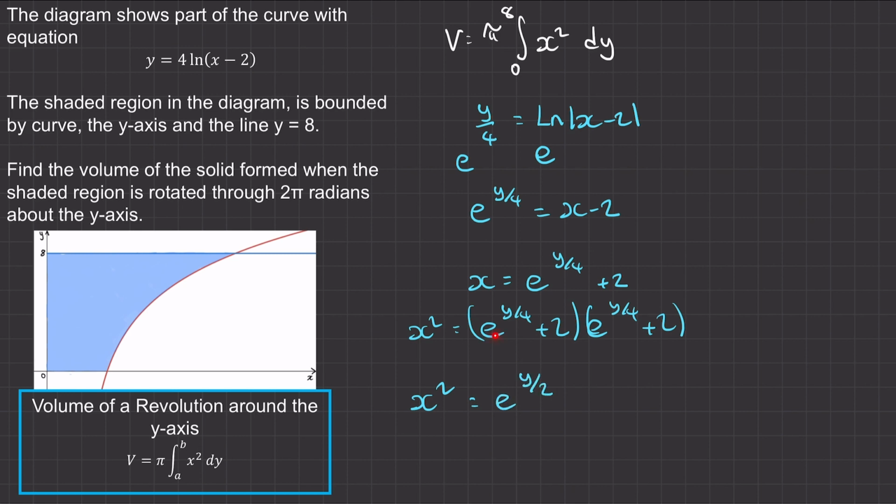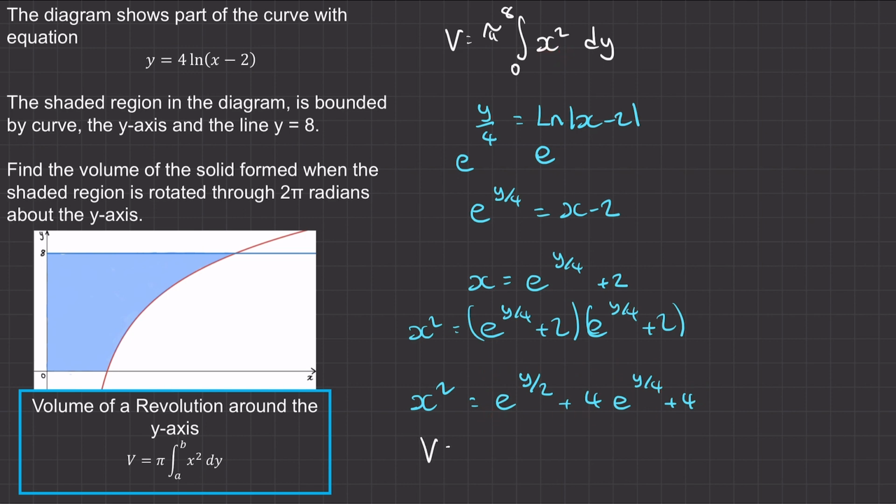We get this term multiplied by 2, and again, so we get 4 lots of e to the y over 4, and then we get 2 times 2, which is 4. So it is this which we'll put into our integral here.